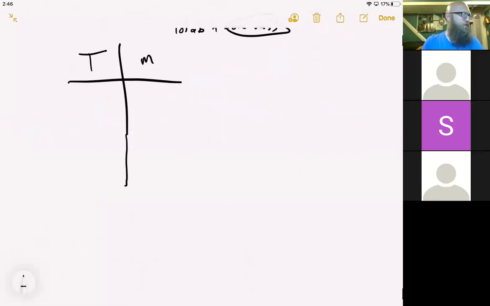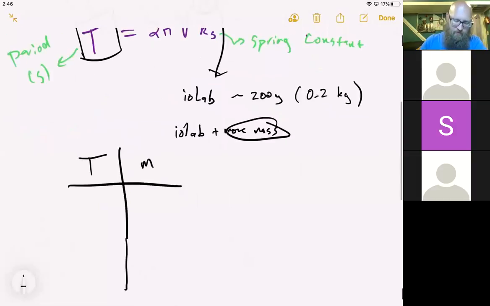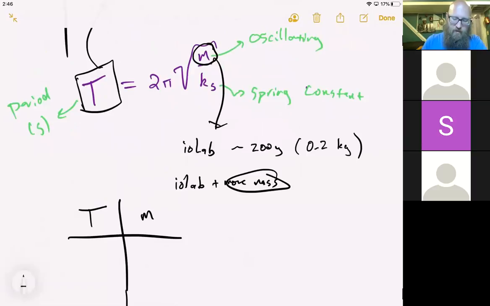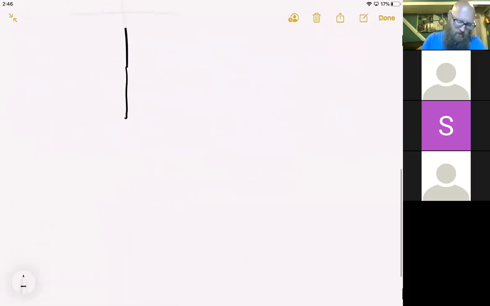And that's where this expression comes from. Again, if you look in the write-up, basically, if you take that relationship, period equals 2 pi root m over k, and you square both sides, you get T squared equals (2 pi) squared times m over k.